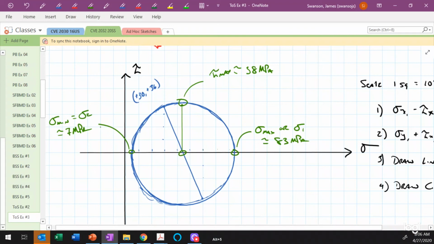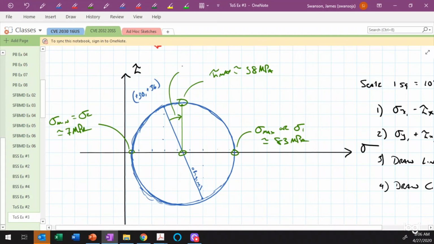And this line right here represents the original orientation of that state of stress. Now, if you wanted to know what the values of theta P and theta S are, they are like this. So we would have to rotate like that in order to get to the maximum shearing stresses.